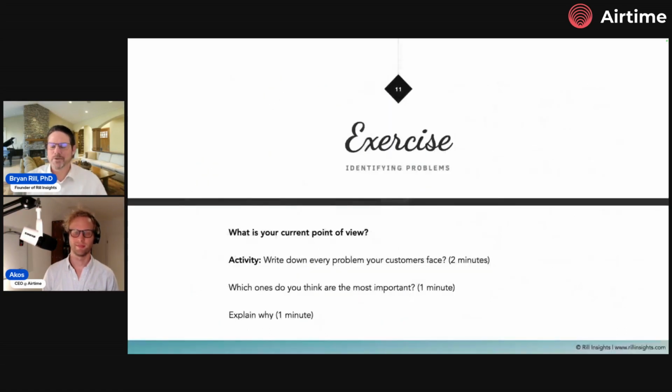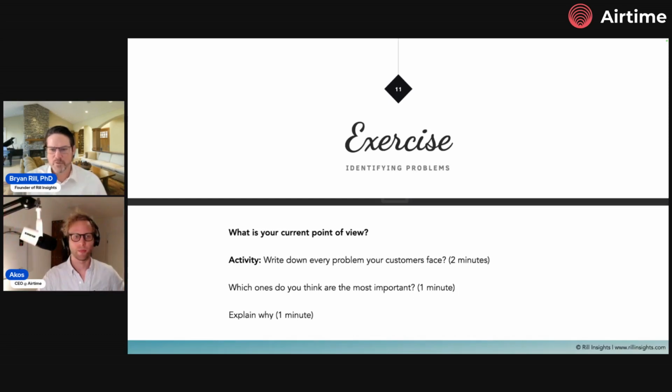So what I'd like you to do is think about the problems that your customers face, and just kind of write down a list of the key problems and what you think are the surface issues and maybe what potentially are the fundamental root causes of those. Okay. And then of those, write down which is the most important problem to be solved.